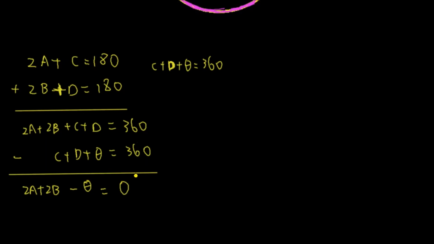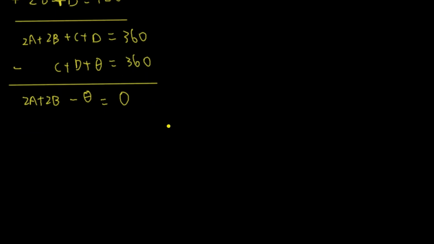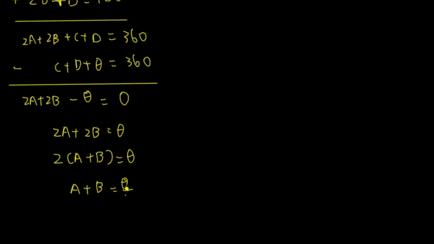So what we have here, let's isolate this. Add theta to both sides: 2A plus 2B is equal to theta. Now, the 2 is a common factor, so factor out the 2. So 2 times A plus B is equal to theta. Now isolate A plus B. Divide both sides by 2. You get A plus B equals theta over 2.